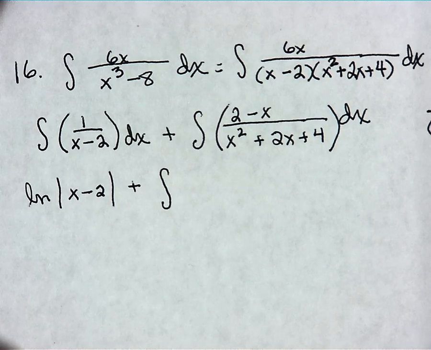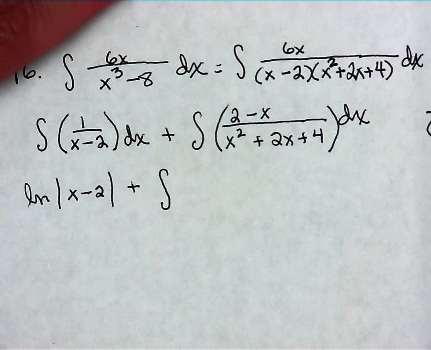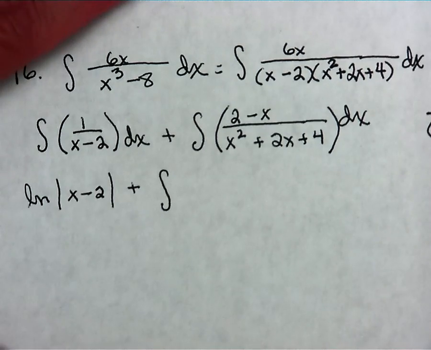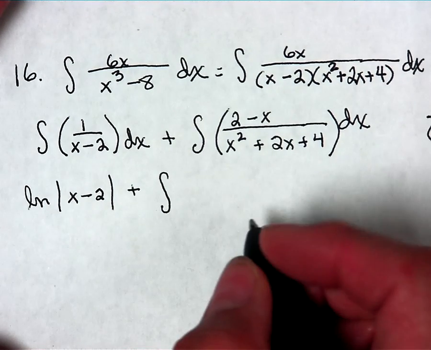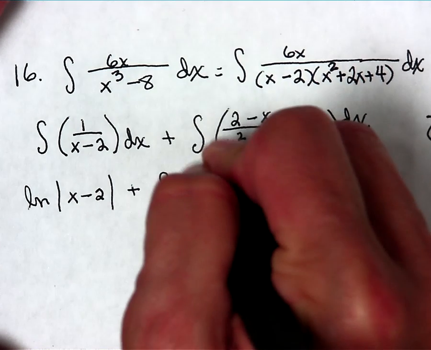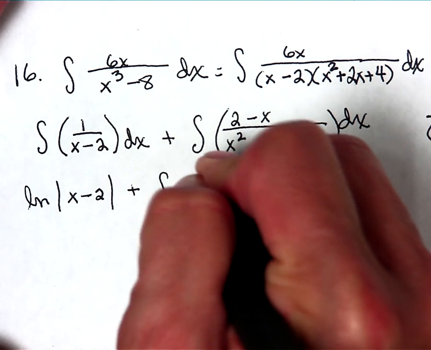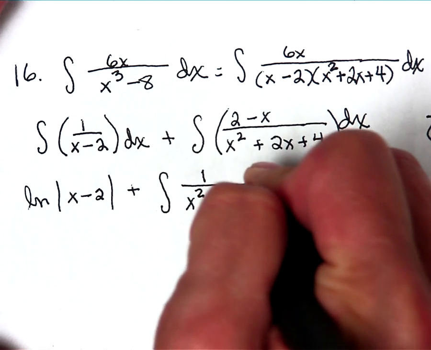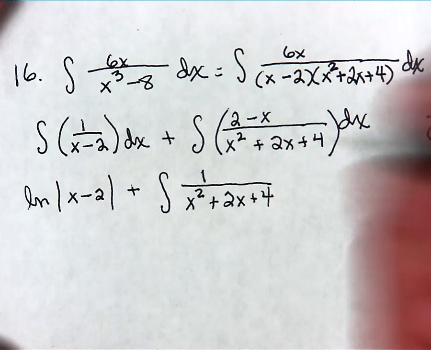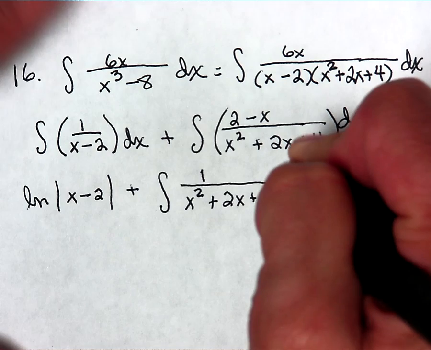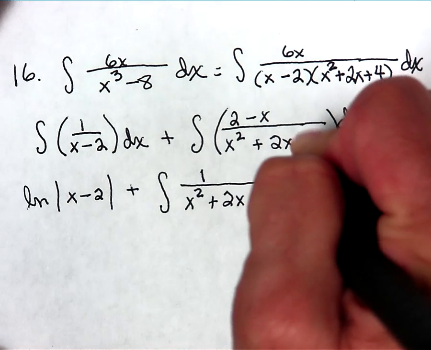Can you say it one more time? Okay. You had flipped it, I was like, wait. Yeah, I maybe should have left that negative x plus 2. But 1 over this guy. I guess we're splitting it into 2 integrals. dx.